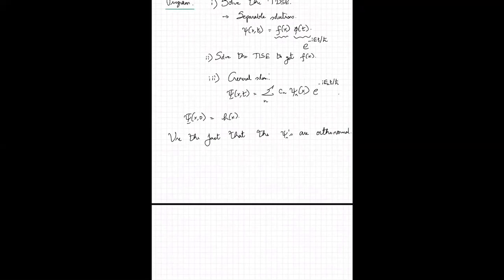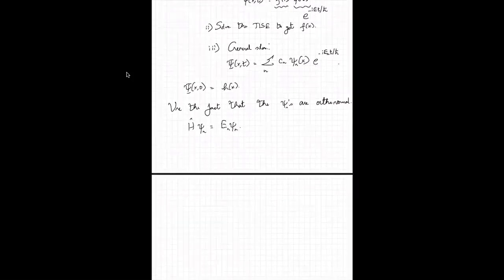Now the psi_n would be automatically orthogonal, because remember the psi_n are the solutions of the time independent Schrodinger equation, which is H psi_n equals E_n psi_n, and H is a Hermitian operator. So you are guaranteed that the psi_n would be orthogonal to each other. You can also normalize them properly so that the set is orthonormal. So the psi_n can actually be used as a basis set.